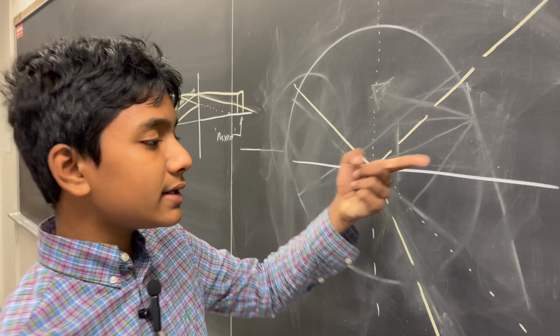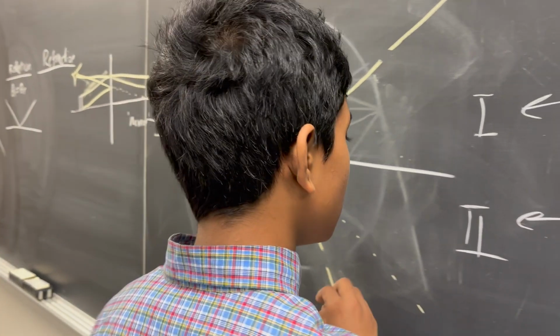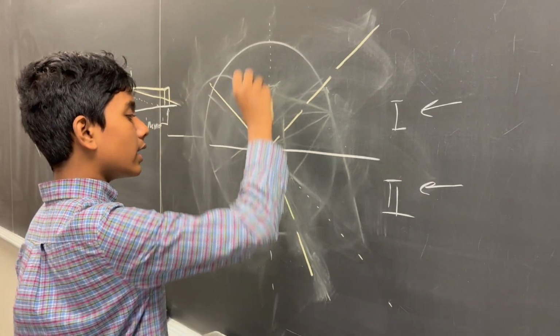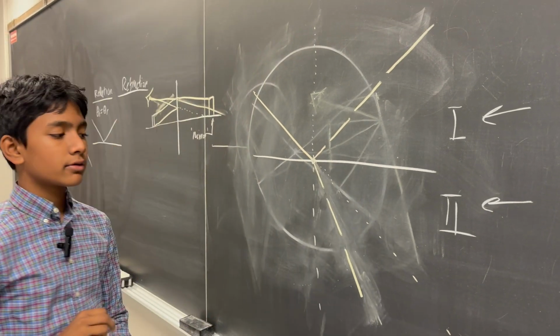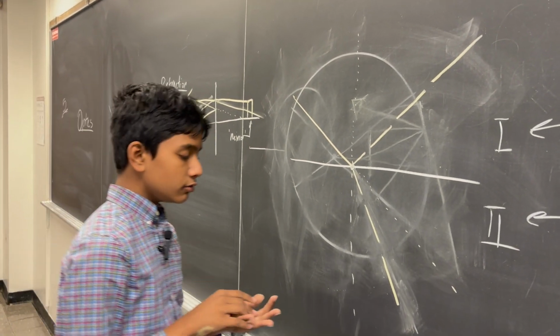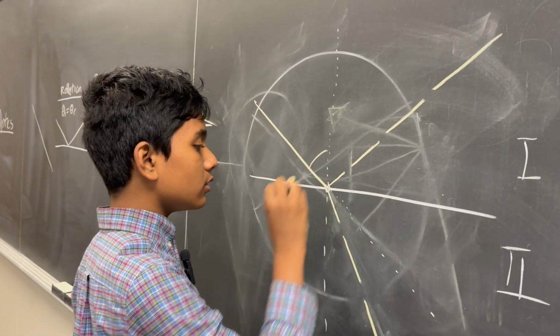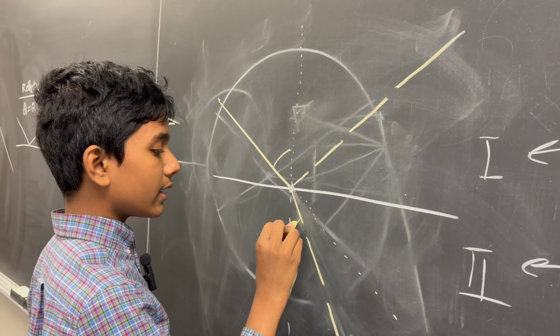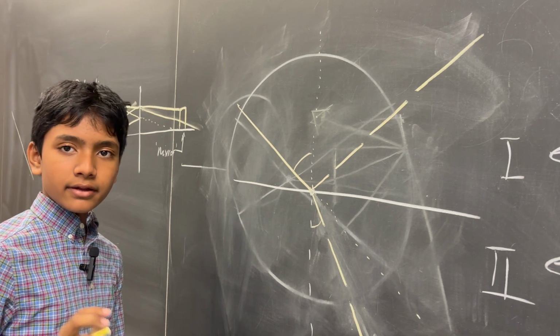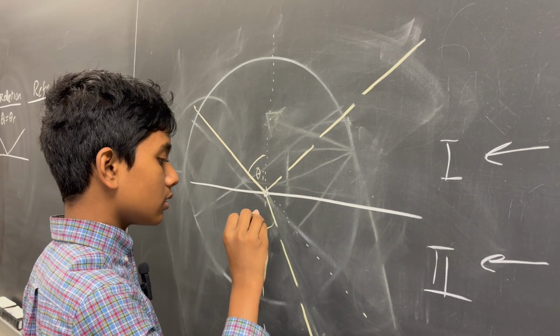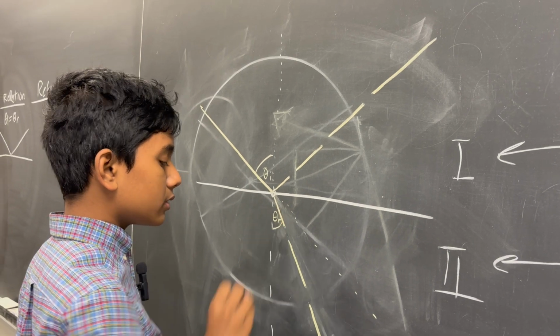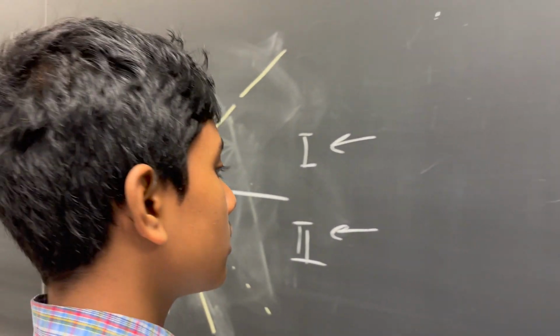Essentially, take this, the boundary, and draw the normal line to the boundary exactly at the point where the light hits the boundary. Then all we need to do is measure this angle first and then this angle. So then we can formulate a relation between theta I and theta r.